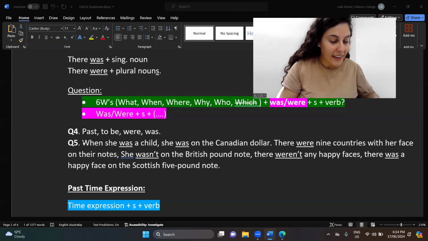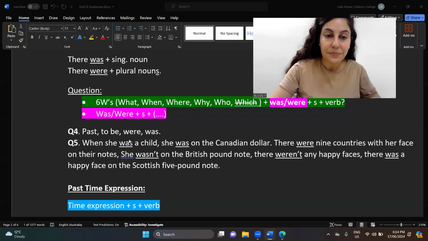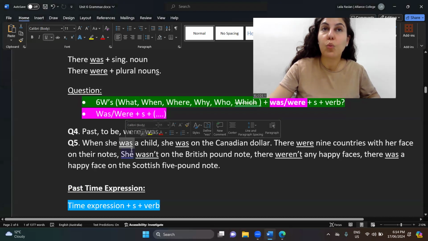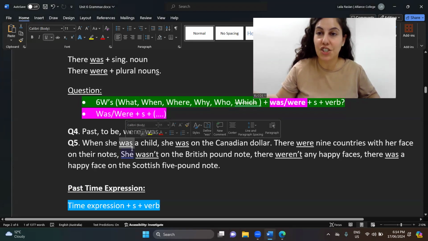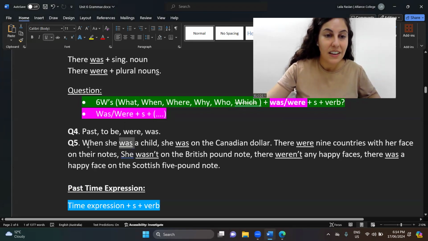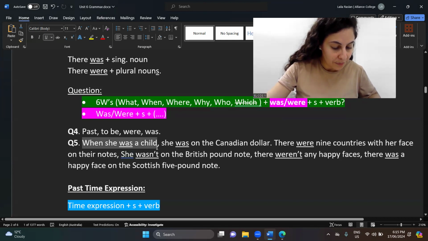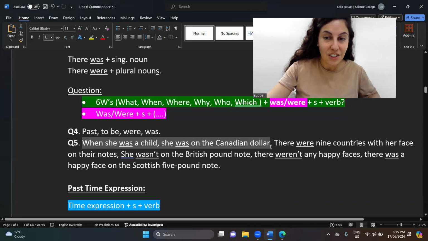So the famous face of Queen Elizabeth II is on many different notes. When she was, because remember for he, she, it, you have to say was. So when she was a child, she was on the Canadian dollar.